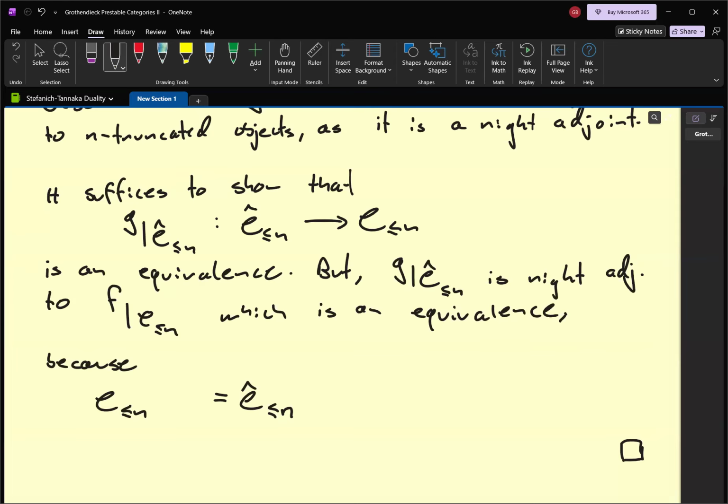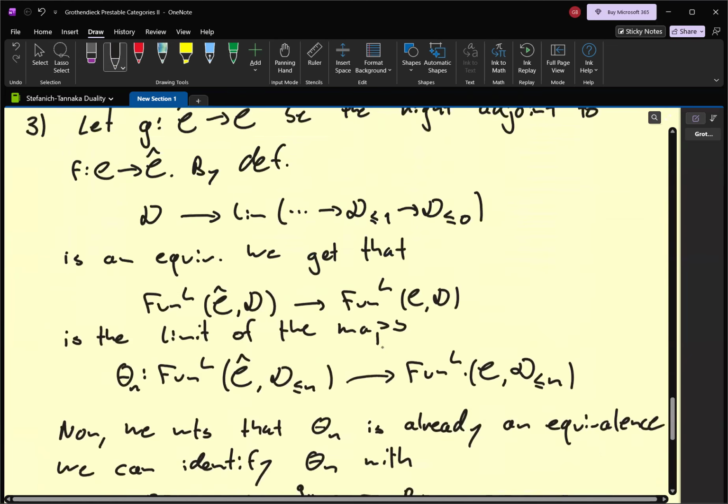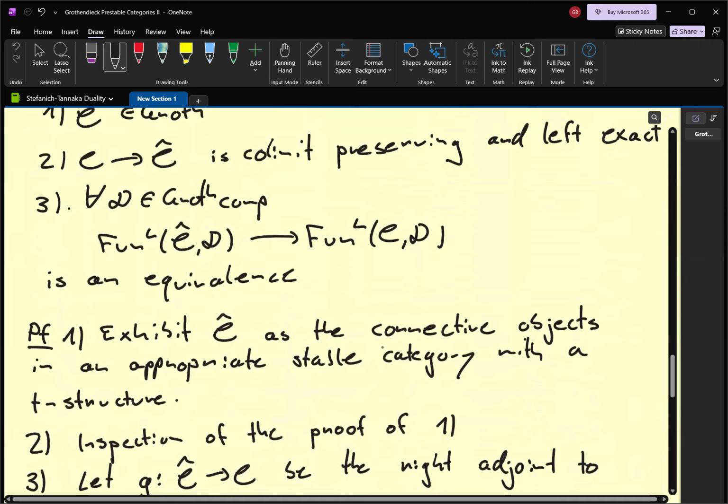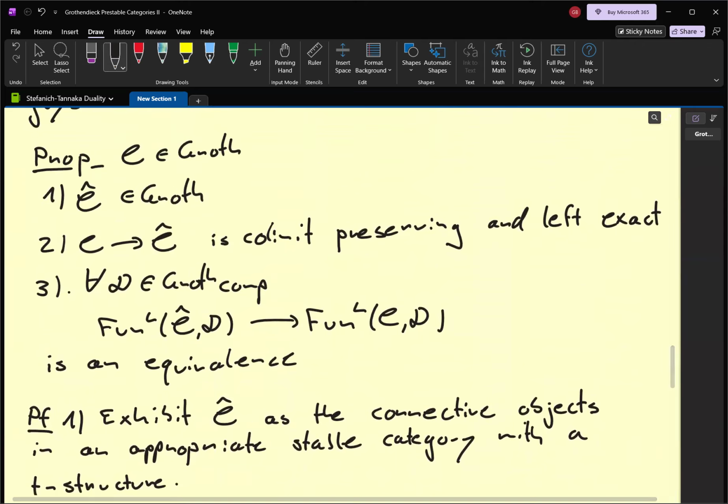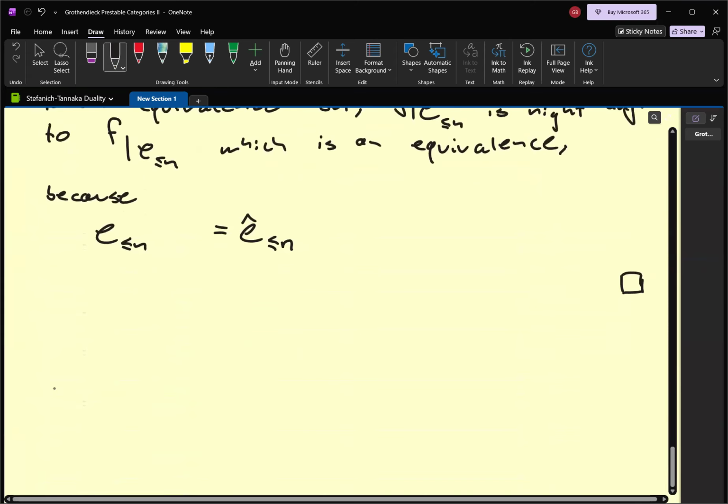which is really nice. So now we know that our notion of completeness is somehow good, and that it's a localization. And let's maybe write this down.